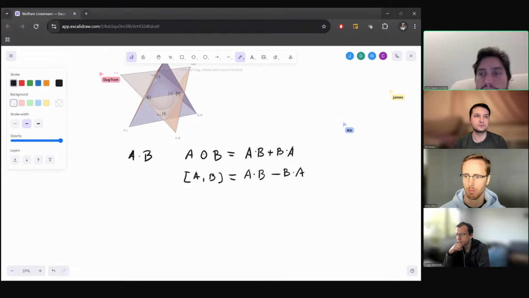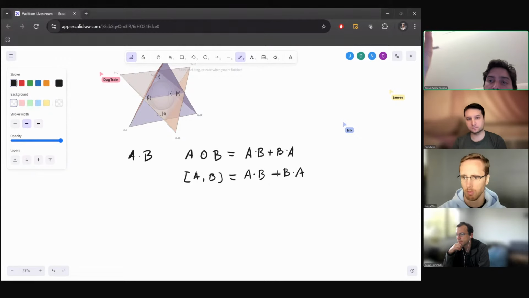You weight it by the signature of the permutation. Of course, this can be extended to arbitrary arity operations by taking the coefficients of each of the terms being the signature of the permutation of the arguments, right? So that applies to n-ary operations.